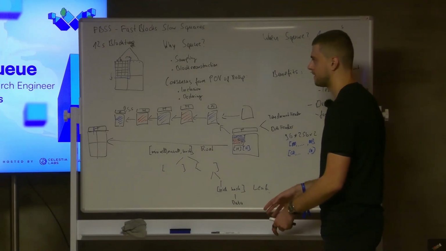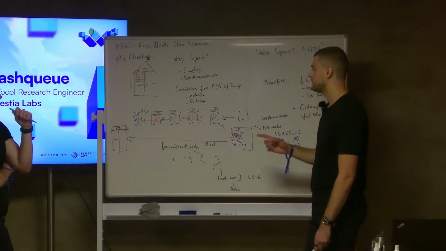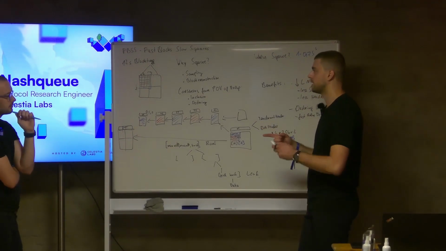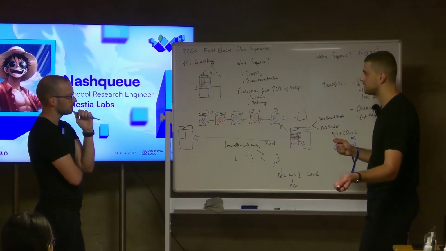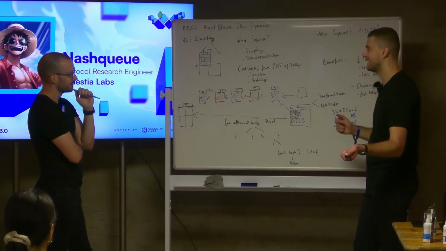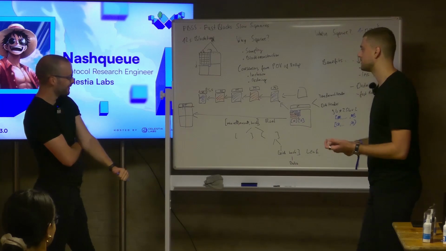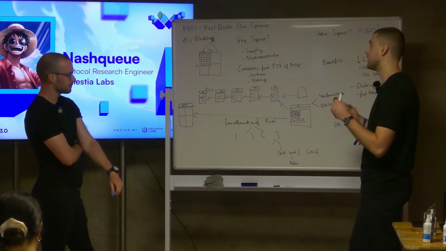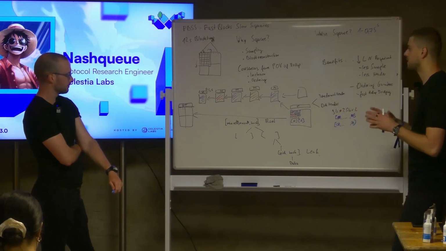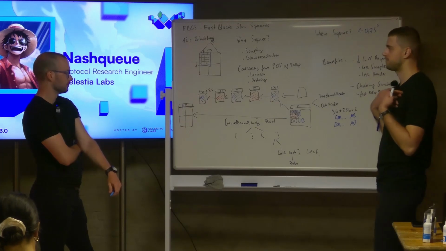Seems very breaking. Do you still get the ordering guarantees at that point? You can, but you would need to add additional metadata. Such as the height? Not the height, but you would add, okay, how do I query for data from this namespace?